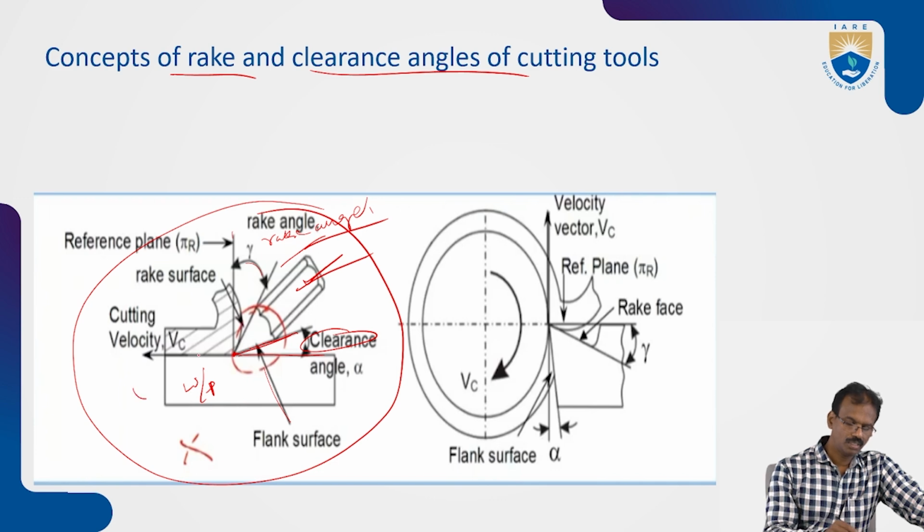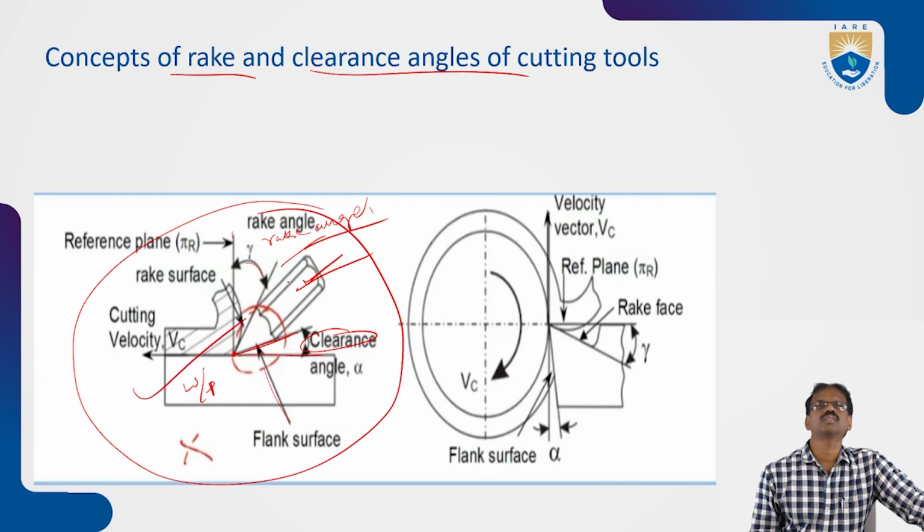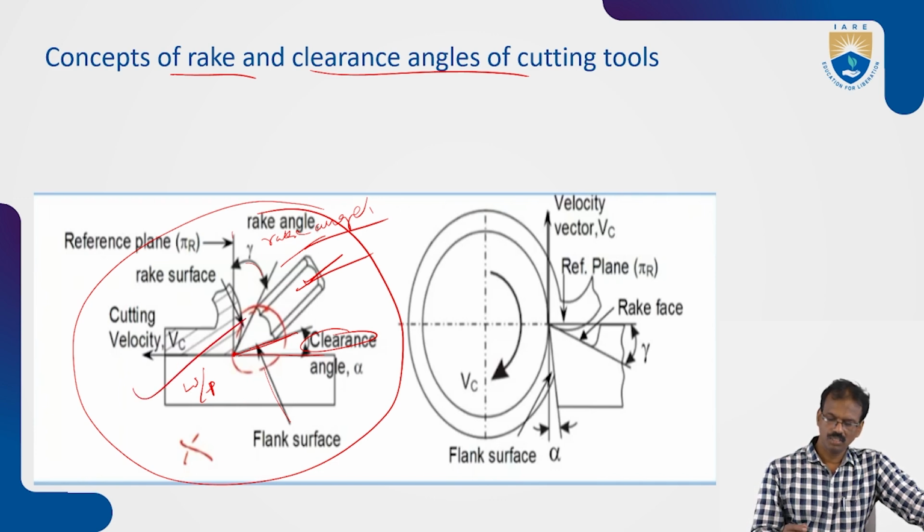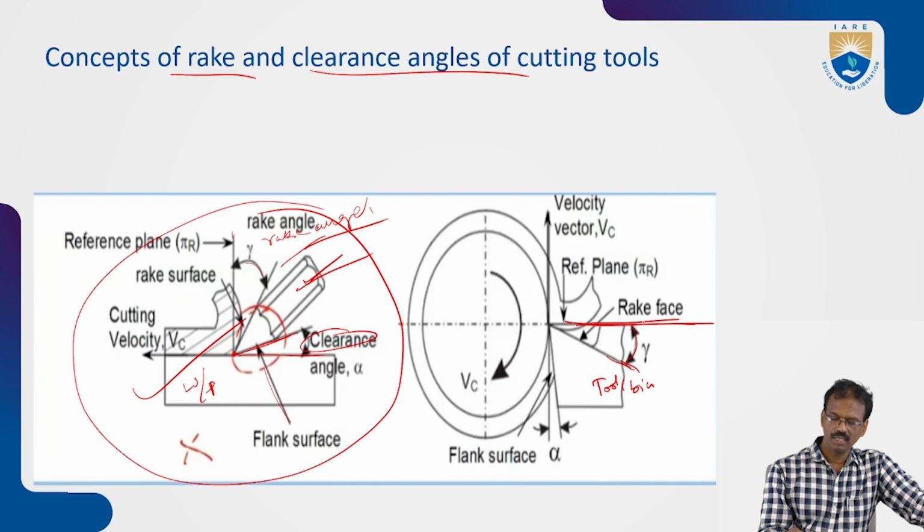So this is the general diagram for machining. Here is the tool movement, this is the tool bit. This one is the reference line, and the angle between the reference line and the rake face is the rake angle.